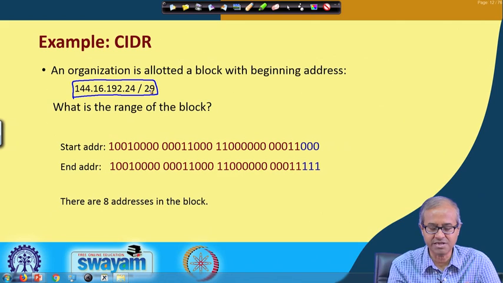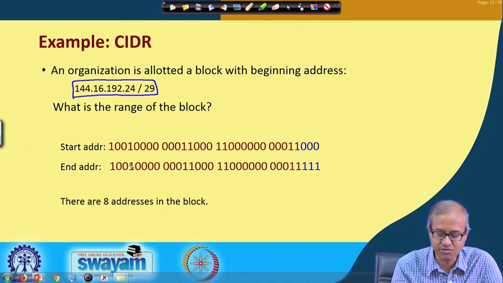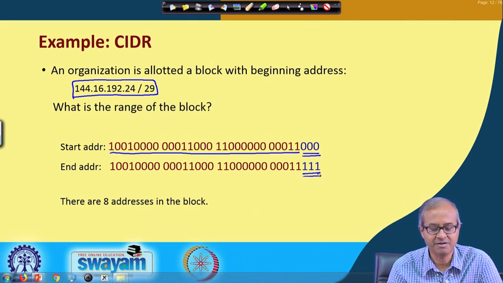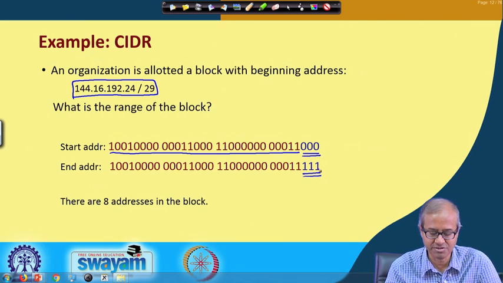Now, let us try to understand the meaning of this. 29 means first 29 bits are the network, last 3 bits are the host. So, last 3 bits can go from 000 up to 111. So, the starting address will be this, the ending address will be this. You can just compute the decimal.